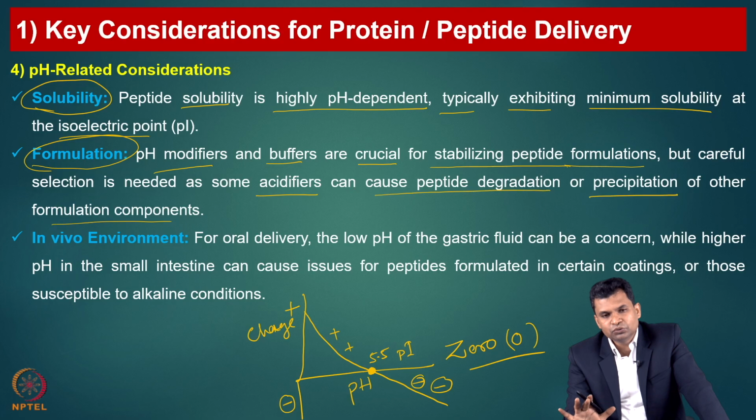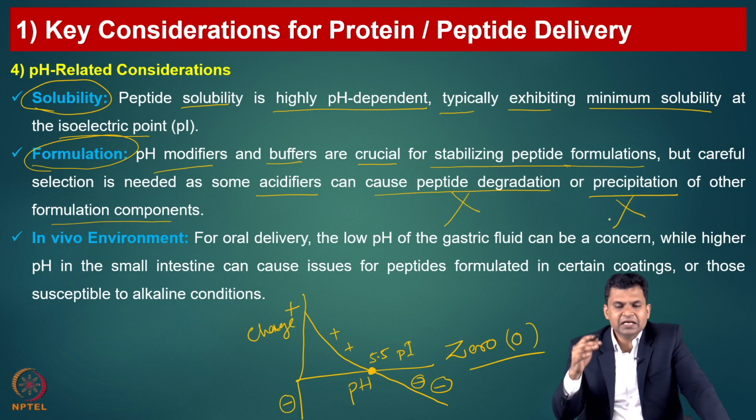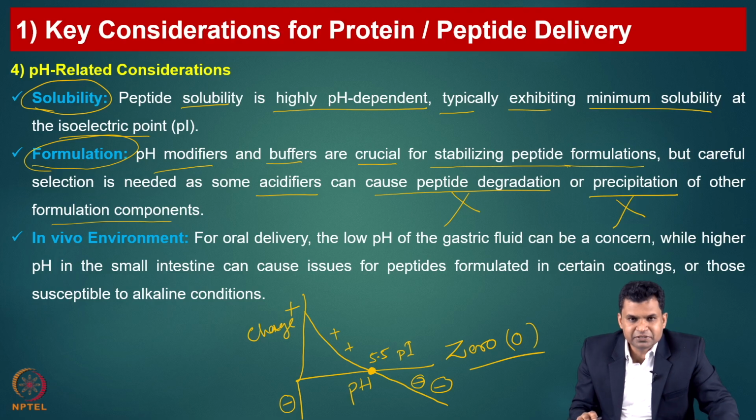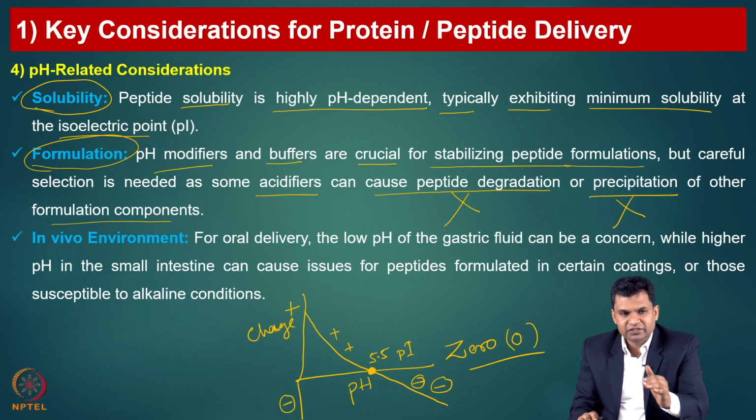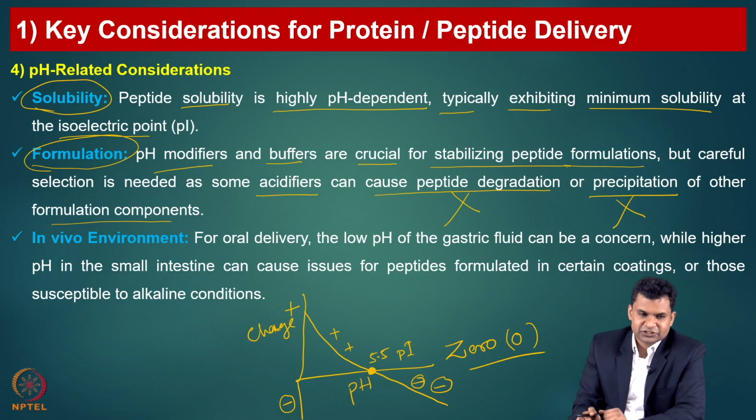So, we need to study the compatibility of the proteins and peptides with the pH modifiers as well as buffers. Based on the observations, we need to select the right type of pH modifier and buffers, so that we can avoid peptide degradation, precipitation, and any other type of instability issues.